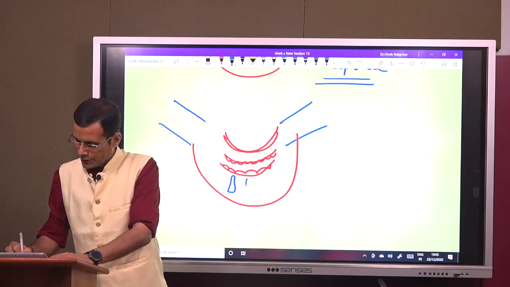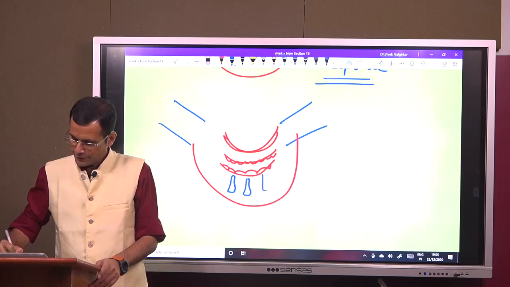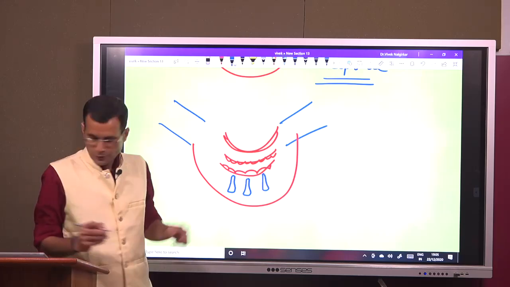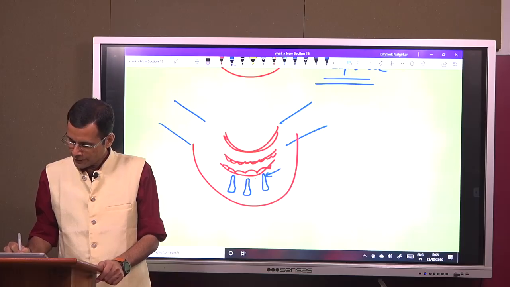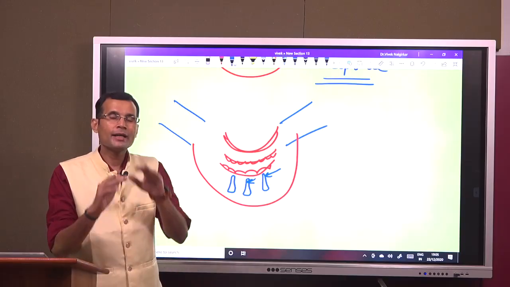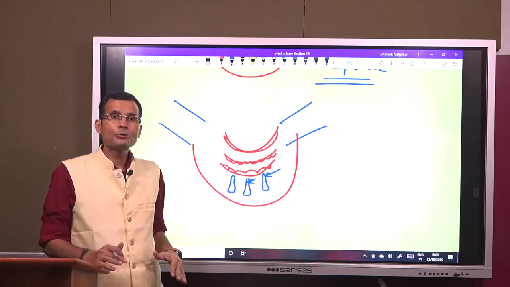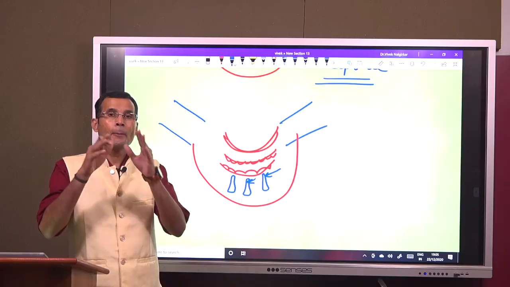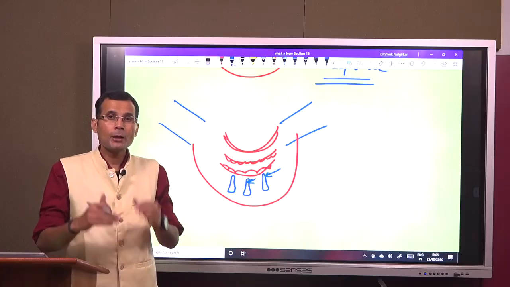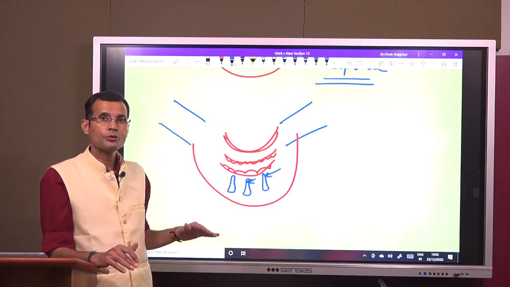So here are the podocytes, and they have certain foot processes. You will see that these are the foot processes of the podocytes. Okay. So basically we will have 3 components that constitute the glomerular filtration barrier. It will create a barrier for the filtration of substances. Those substances will not be filtered out.